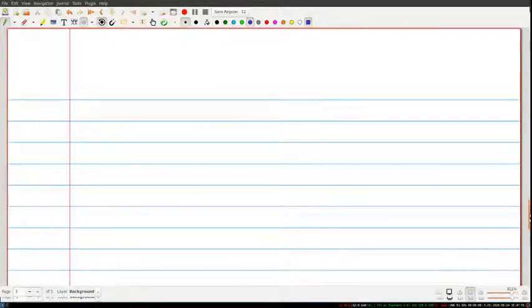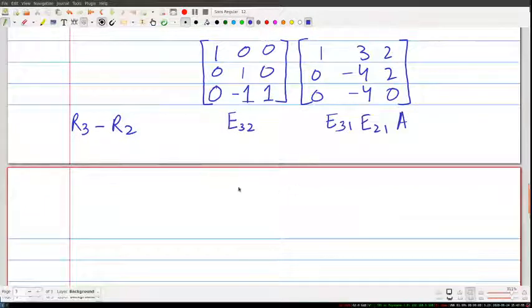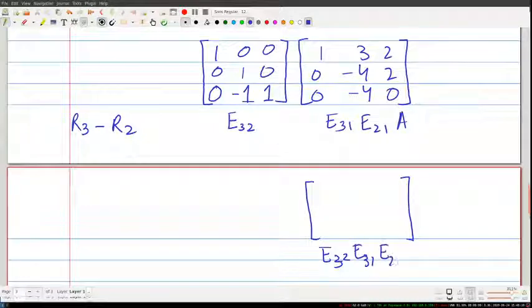And so let's compute the product. And the product is the following. Here's the product. This is E32, E31, E21 times A, which is first row as it is, second row as it is, and the third row 0, so 4 minus 4 is 0, and minus 2 plus 0 is minus 2.